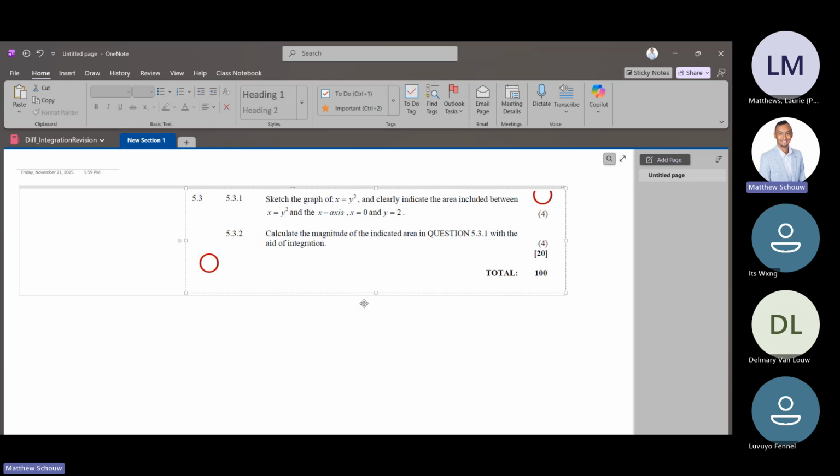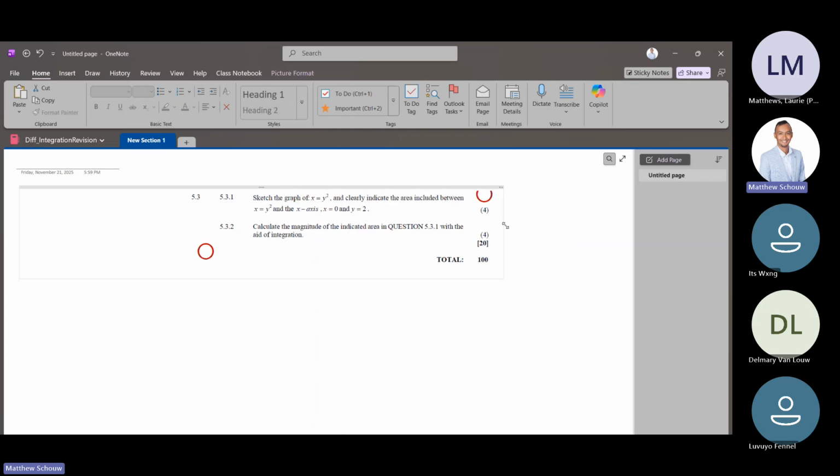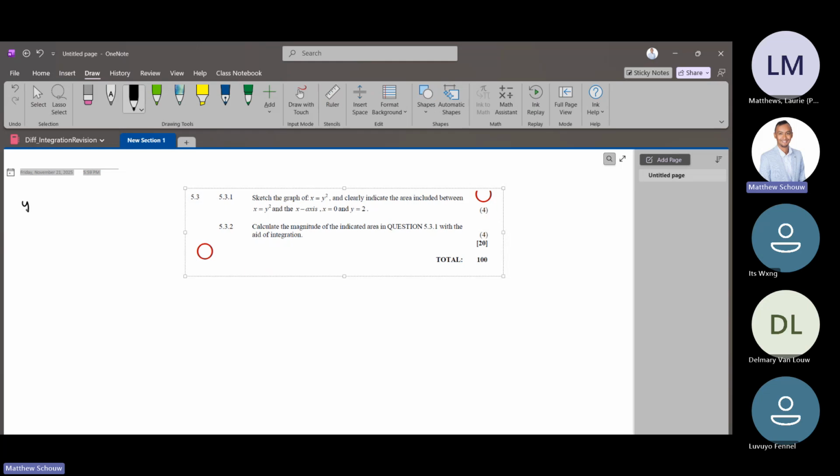The second question is to calculate the magnitude of the indicated area in question 5.31 with the aid of integration. All right, so let's begin with sketching our first graph. If you already know your standard parabola y equals x squared, you should know that it looks like that.